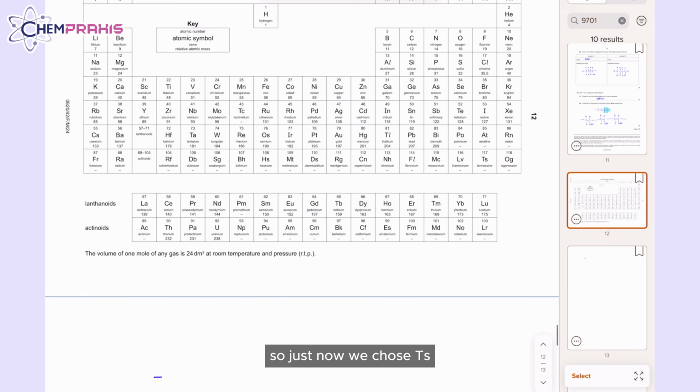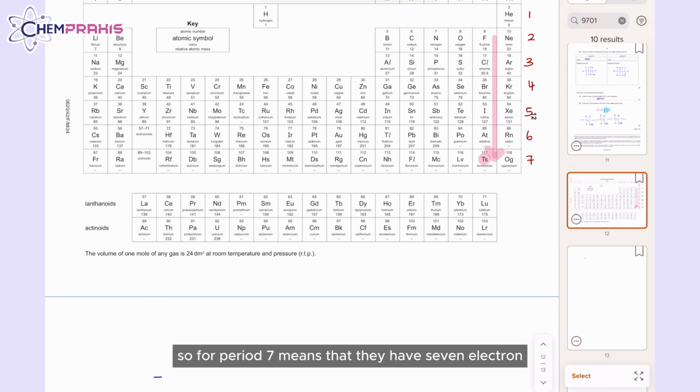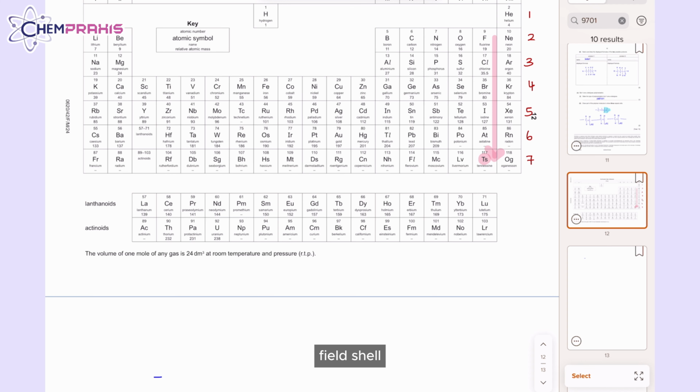So just now we chose Ts, the bottom one. In terms of period, we count this as period 1, period 2, period 3, period 4, period 5, period 6, and period 7. So period 7 means that they have 7 electron shells.